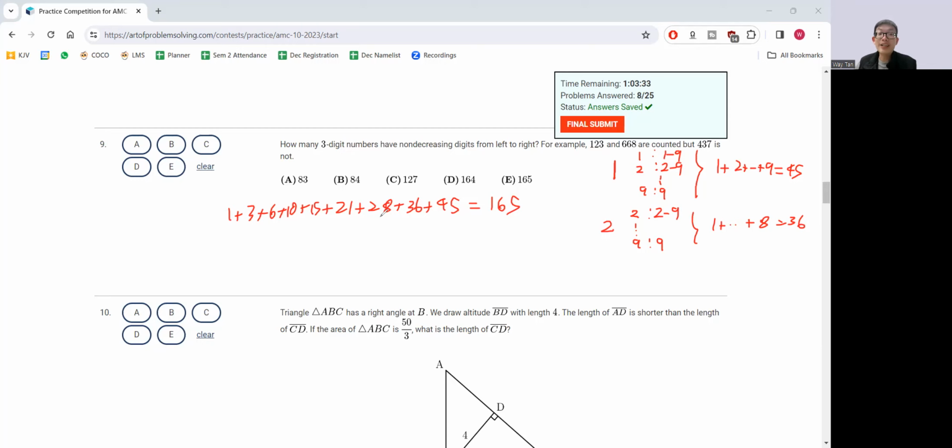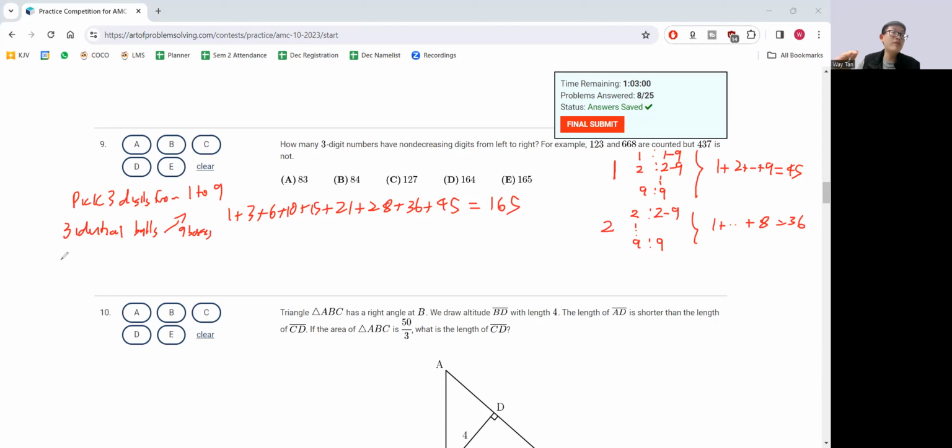The alternative way you can do this is to say that you are just counting the number of ways to pick 3 digits from 1 to 9. You can treat it in your usual stars and bars approach or your partitions approach, whichever thing you call it. It's like 3 identical balls into 9 boxes.